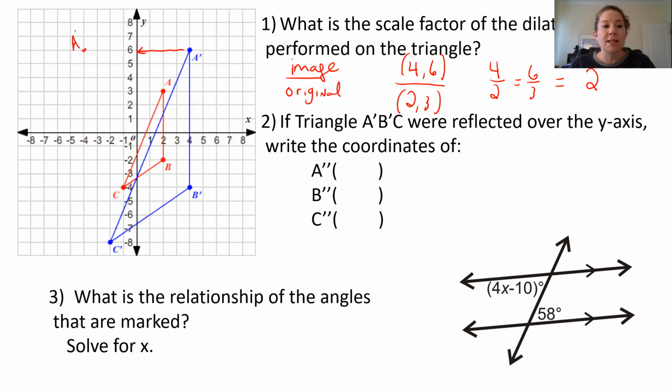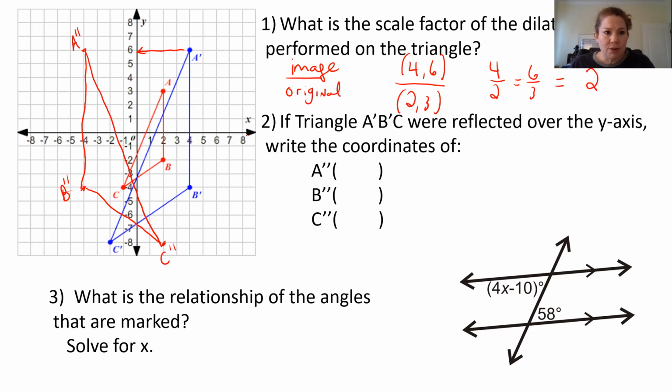So there would be A double prime. For B double prime, we would move 1, 2, 3, 4 spaces, 1, 2, 3, 4. So here's B double prime. And for C, we're moving toward the line of reflection. So 1, 2, continue going 1, 2, and there's C double prime. And we would connect those dots and get something like that.